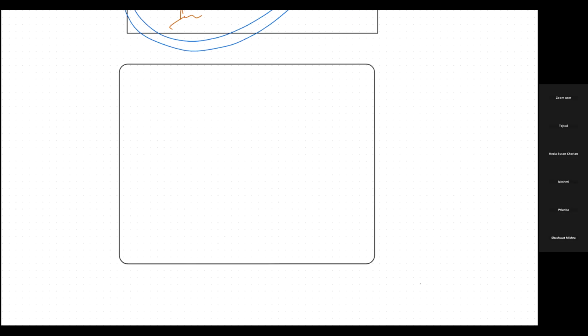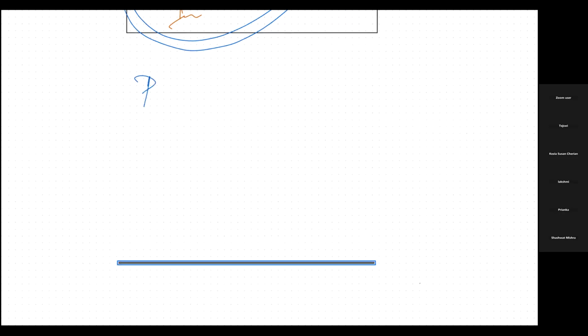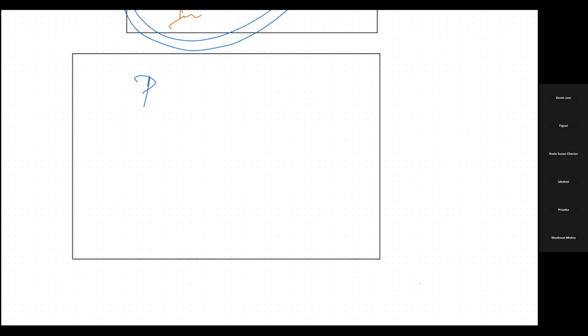Let's suppose I gave a drug through the parenteral route. Now what should I expect? Definitely it will go directly into the systemic circulation.